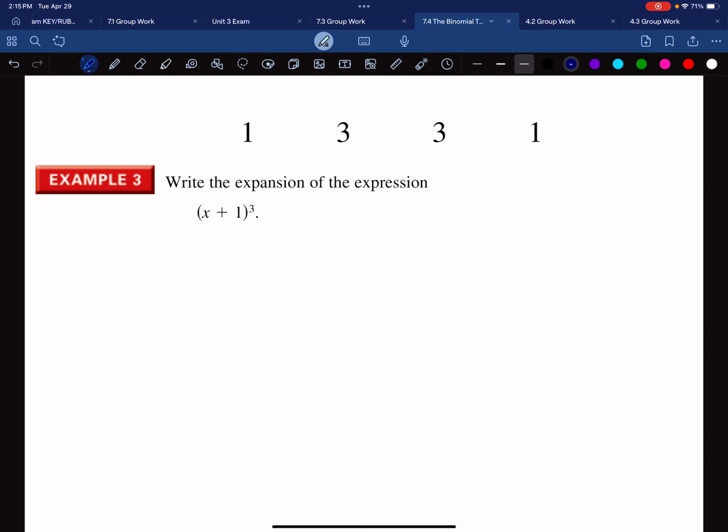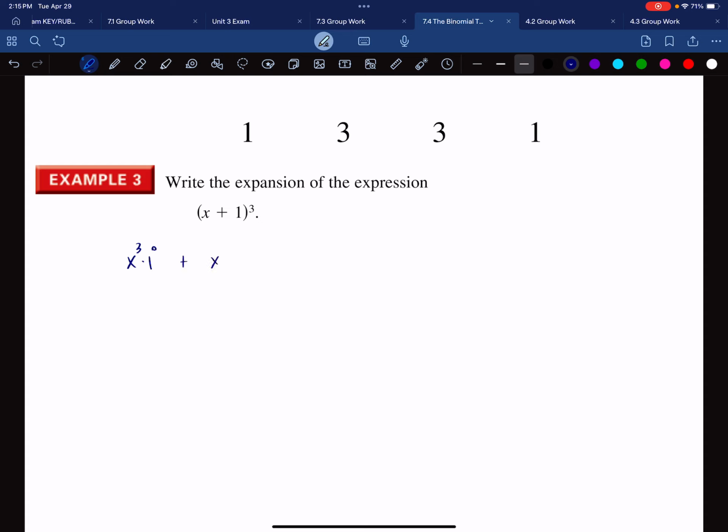So let's do our expansion first. So remember, the exponents on x will start at the highest exponent and decrease by 1 with each successive term, and the exponents on 1 will start at 0 and increase by 1 each time. So my first term is going to be x to the 3rd times 1 to the 0 plus, and now they go in opposite directions.